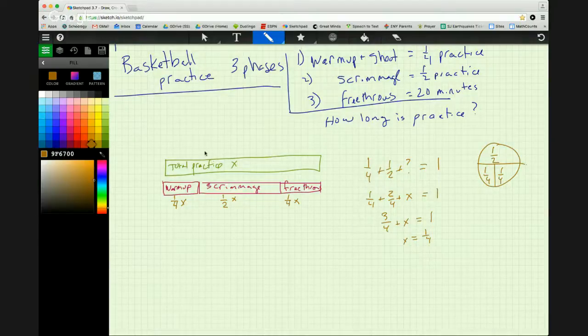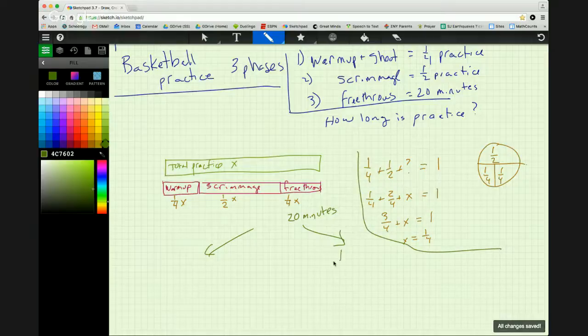Now, what else do we know in this problem? Well, we know that the free throws are also 20 minutes. Now we have two ways to solve the problem. We can do it the smart and clever way, where we don't have to do too much algebra, but let's do it the algebraic way first. We know that 1/4 of x equals 20. So if a fourth of some number is 20, we know that x is 80.